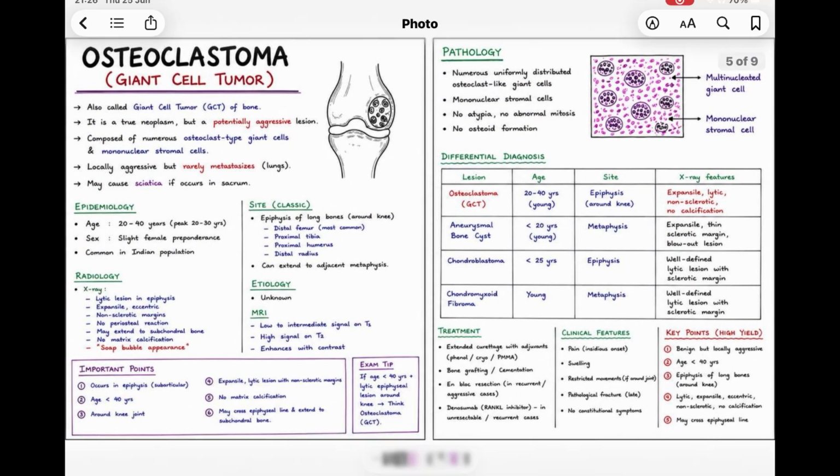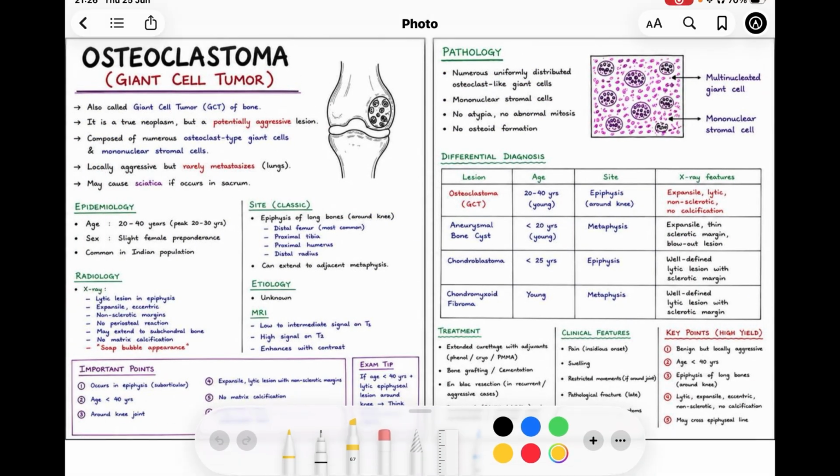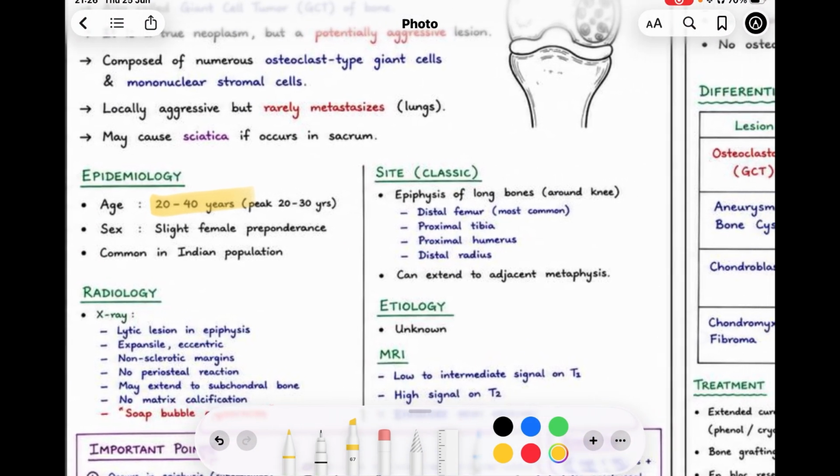The age here is 20 to 40 years. So when you get an osteoclastoma question, it's always 20 to 40 years. So the giant cell tumor, 20 to 40 years. This is what you have to remember. In sex, there is a slight female preponderance, and it is common in the Indian population.